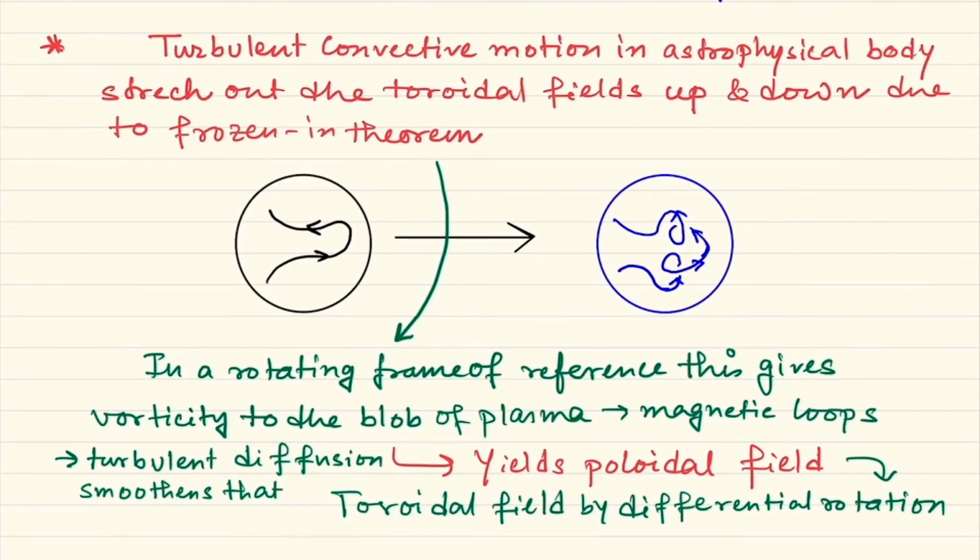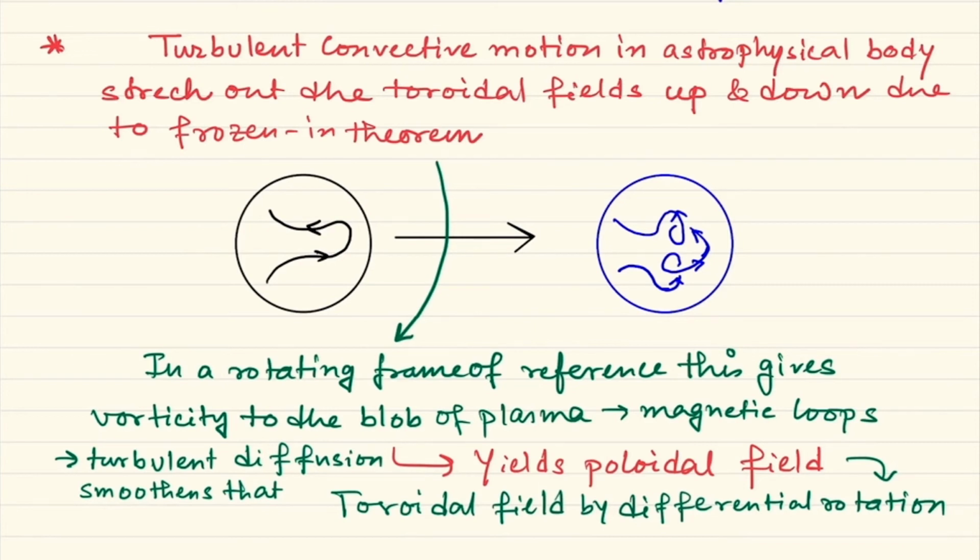Now this finally leads to the poloidal field, a large scale sustaining poloidal field. Here we can see the generation by turbulence, actually sometimes we say helical turbulence, because this is a turbulence with helical motion.